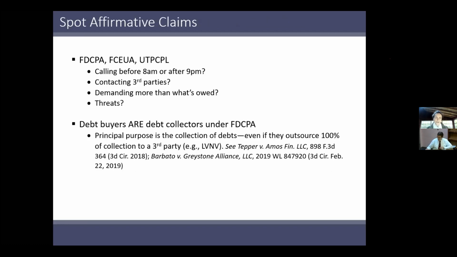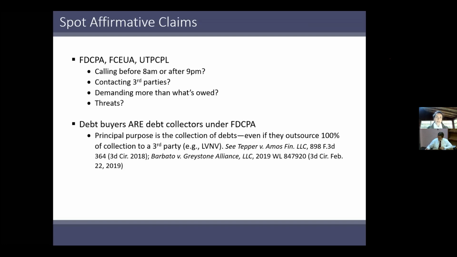Another thing is when you're looking for defenses, also keep an eye out for affirmative claims. So violations of the consumer protection laws, federal and state. It might be calling at the wrong times, calling too often, contacting the wrong parties, demanding the wrong amount. That's a really common one.